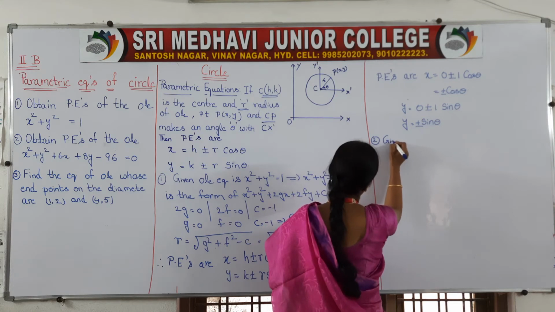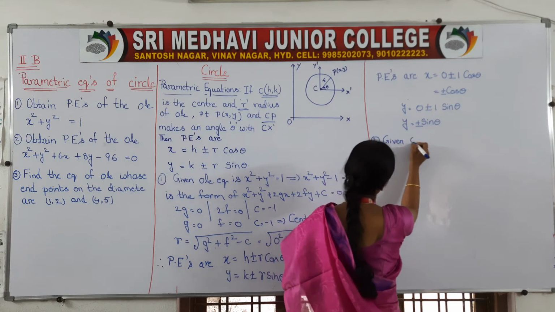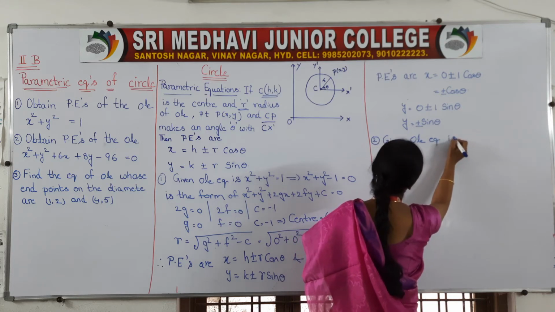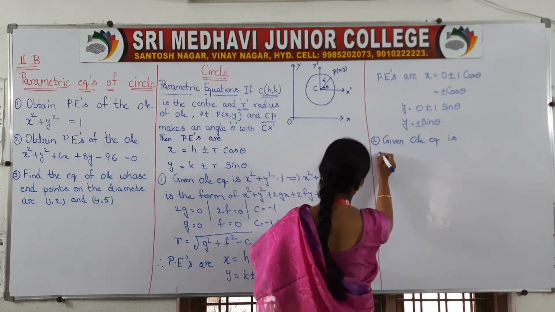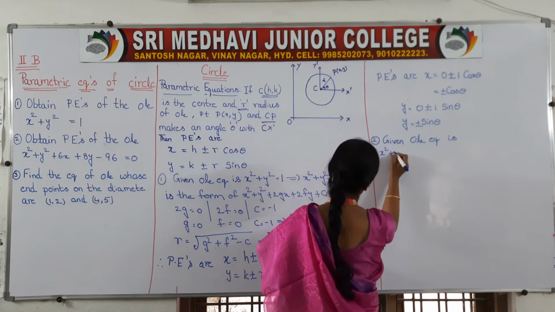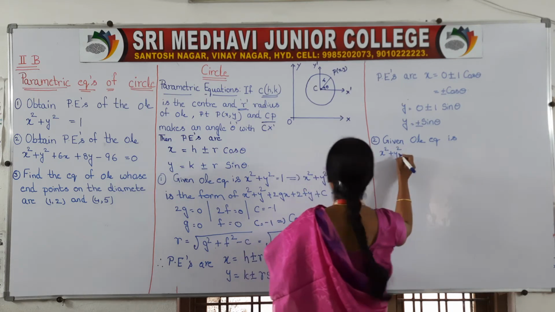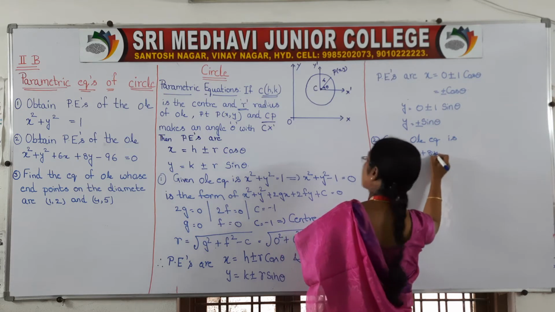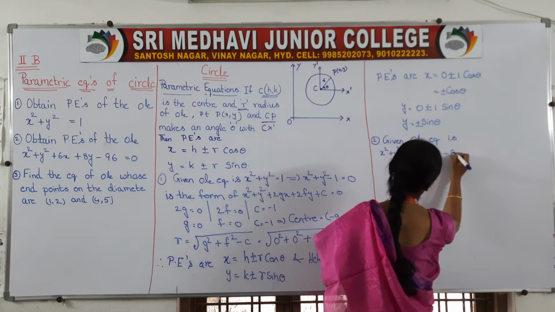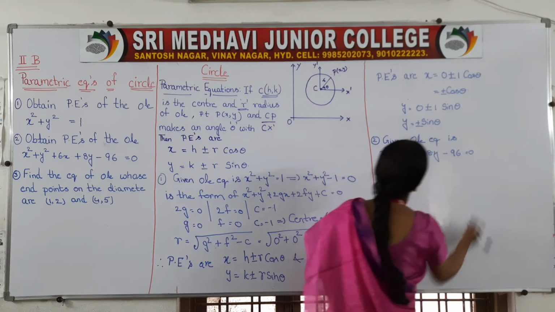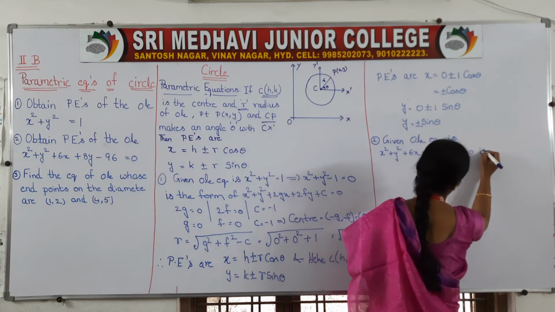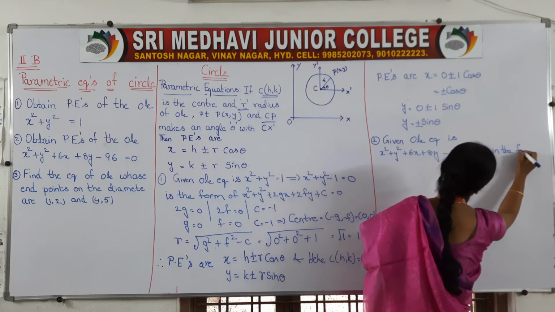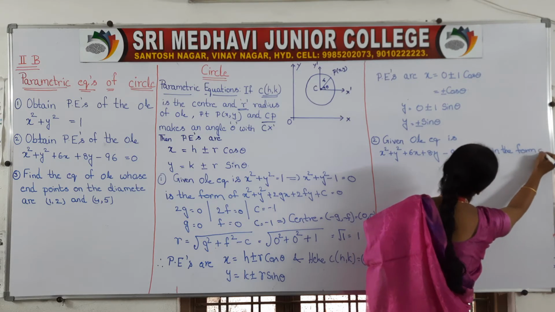So again, what is the given circle equation? x square plus y square plus 6x plus 8y minus 96 is equal to 0 is in the form of which form?